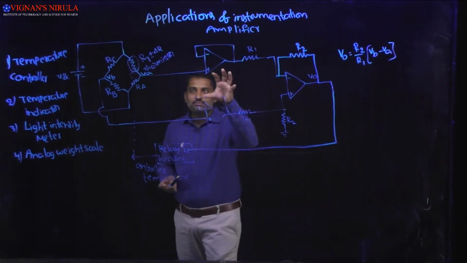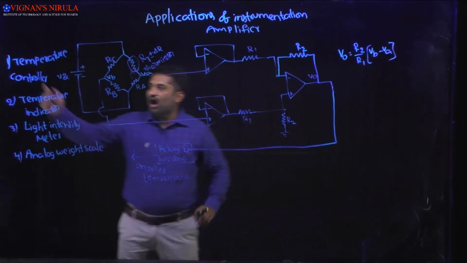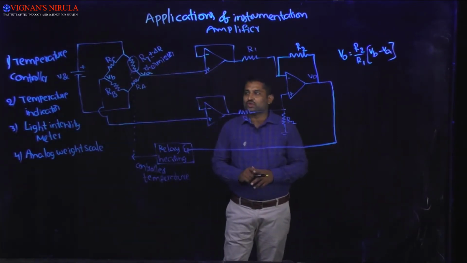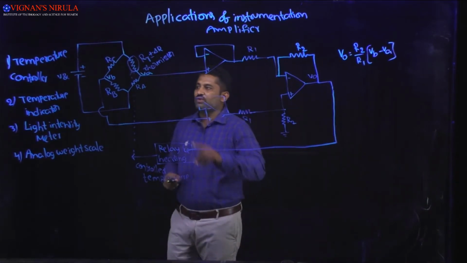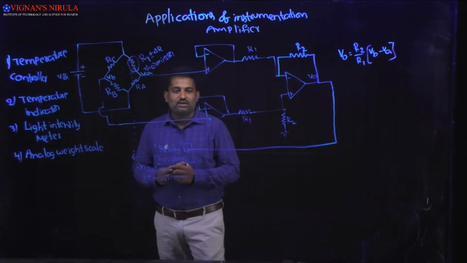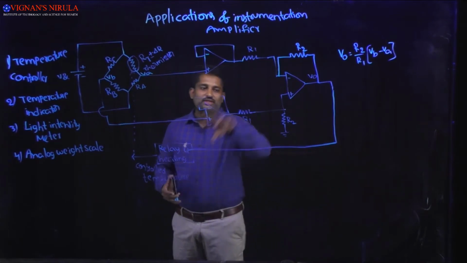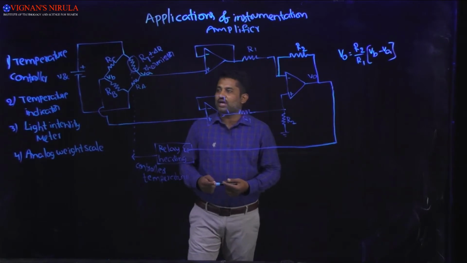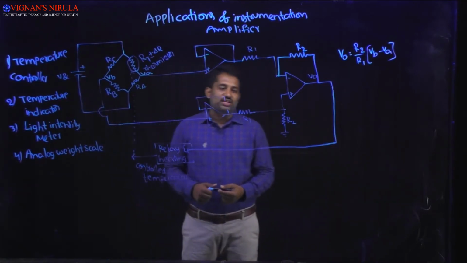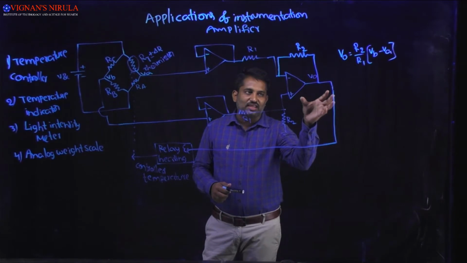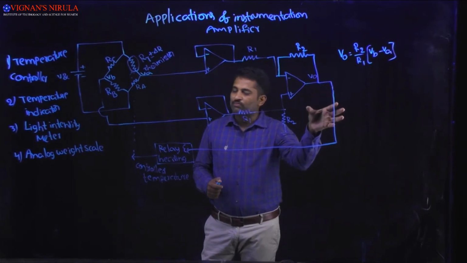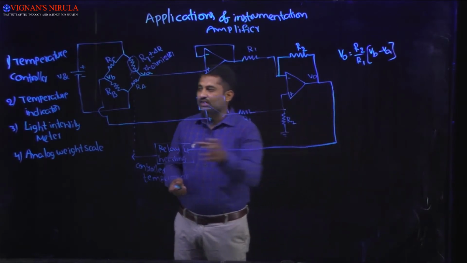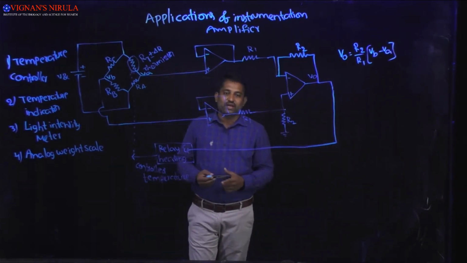With this same circuit, we covered all three applications of the instrumentation amplifier. The instrumentation amplifier can be used as a temperature controller. With its help, we can switch the temperature controller on and off, and we can connect a temperature indicator device at the output to calculate the ranges of temperature.